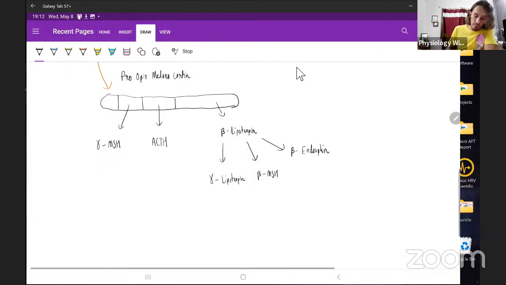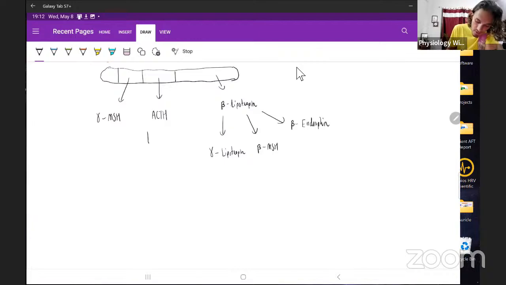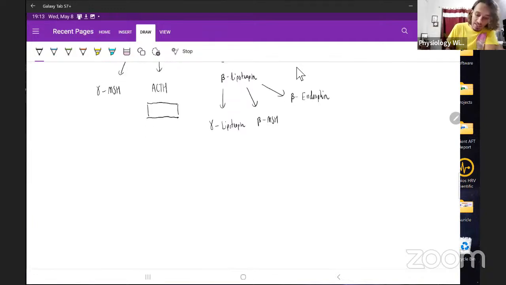Now, this is the important part. Your ACTH, this was a small part that came out, is actually made up of two segments. One segment is your alpha MSH. The other segment is what you call CLIP.